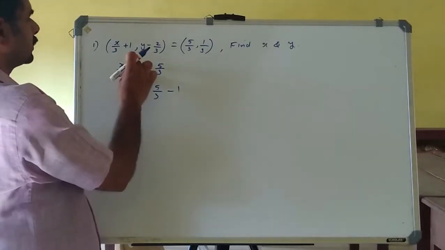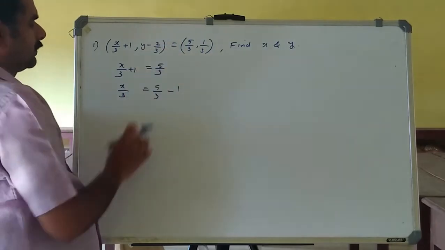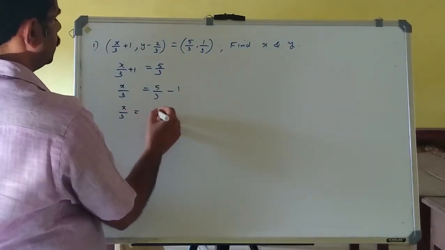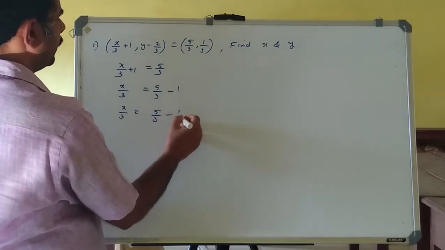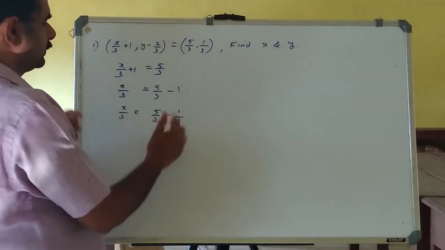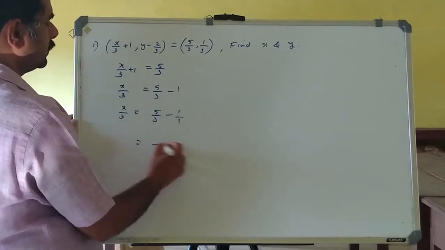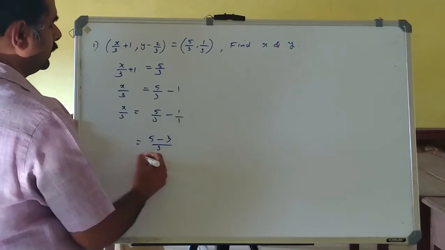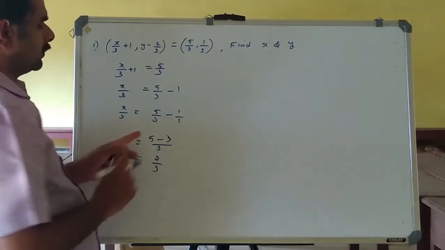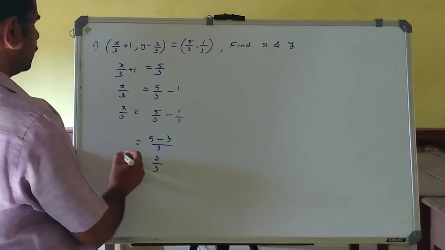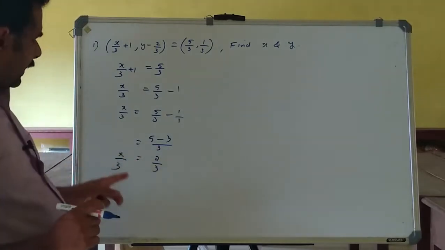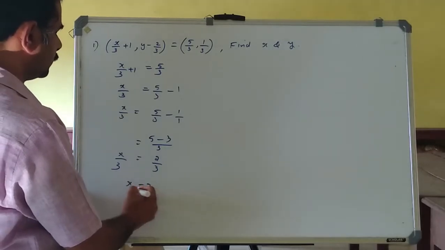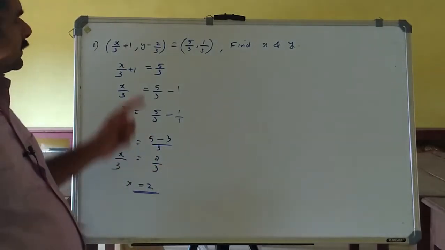Plus 1 becomes minus 1. Or x/3 equals 5/3 minus 1/1. We have to cross multiply: 3 into 1, 3. 5 into 1, 5. 1 into 3, 3. That is 2/3, 5 minus 3, 2. Here x/3, you can cancel these two 3s. So x is equal to 2.